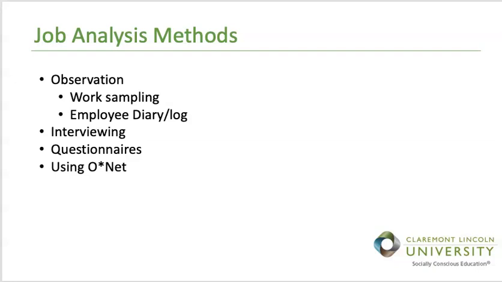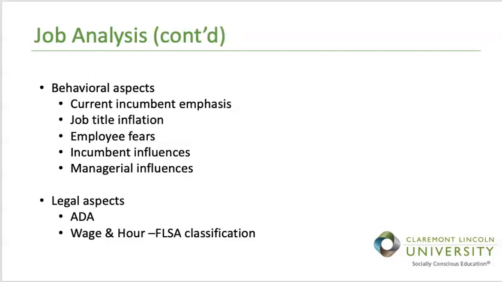This can be accomplished through worker logs, where the employee tracks what they do, interviewing, where the HR person asks questions about what the person does. I tend to like this one. Questionnaires, that's the written version of the interview, and O*NET, which is a database with detailed descriptions of work tasks by occupation and industry. It's a great place to start when designing workflow and jobs.